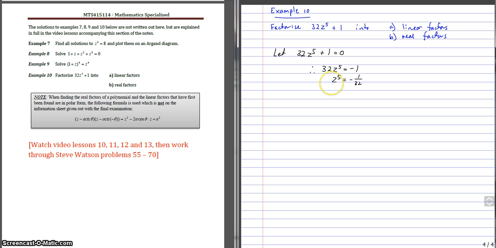So we're going to use De Moivre's theorem, as we have done previously, and let z equal r theta, which means that because we're using De Moivre's theorem, z to the power of 5 will be equal to r to the power of 5 for our modulus and 5 theta for our argument.